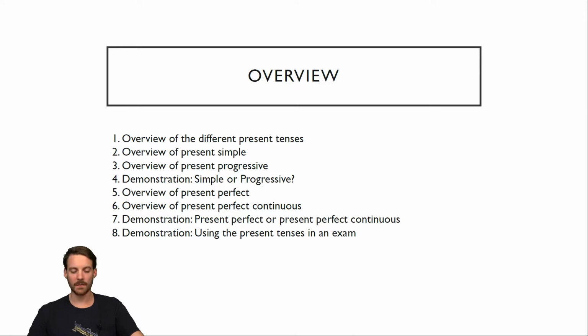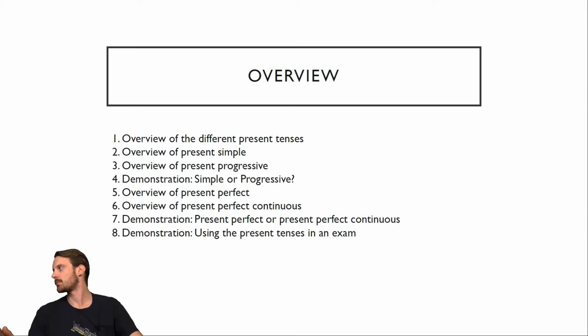So we're gonna start off with the different present tenses, so which tenses are there, and then we're gonna have a quick overview of present simple, an overview of the present progressive, which is also sometimes called present continuous or present, what's the other name?